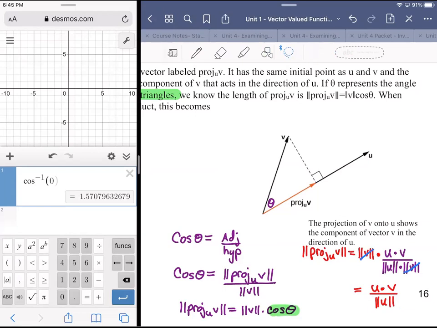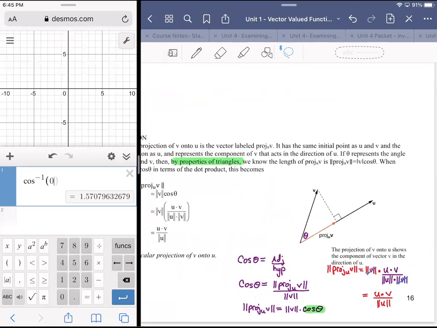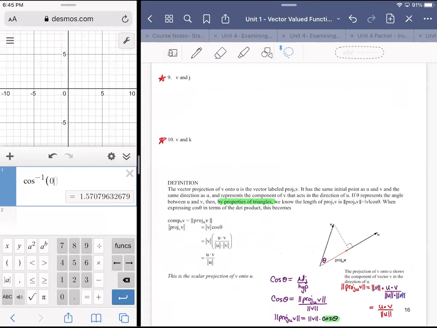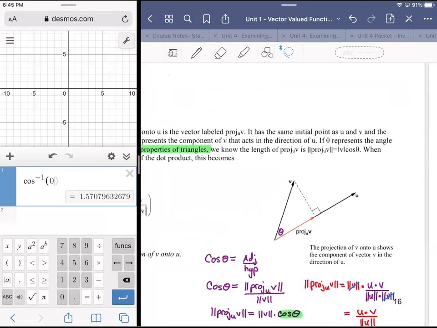Now, if we wanted to actually find the vector itself, we'd have to multiply this by a unit vector in the direction of u. That's something we talk about on the next page. But we call this the component of vector v in the direction of u. It's another term, and it's kind of annoying that we can't just live with simple terms for simple concepts.